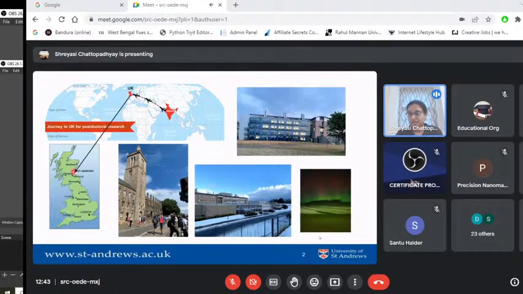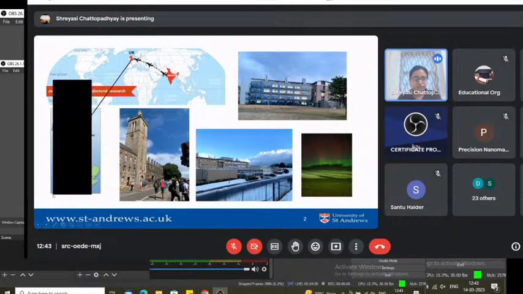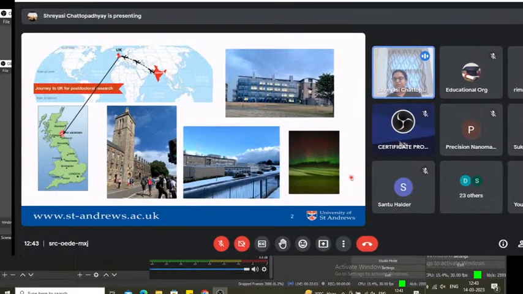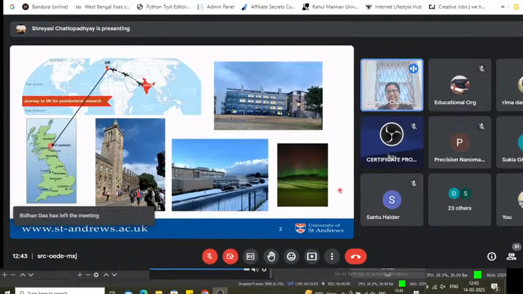And sometimes if you are lucky, you can have a chance to see northern lights. So this photo I have taken a few weeks before. Sorry, let me. Yeah, so a few weeks before, I got the chance to see the northern lights here. So it's basically a beautiful place.